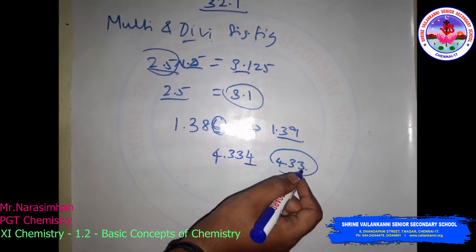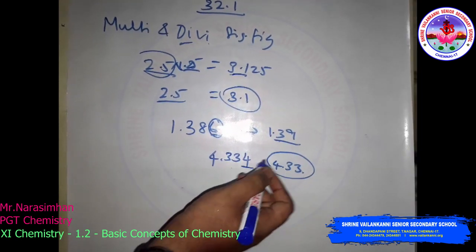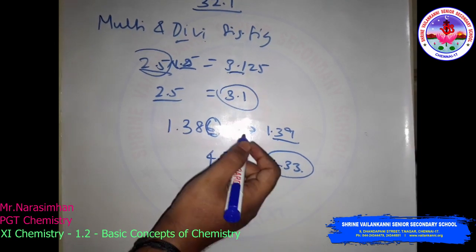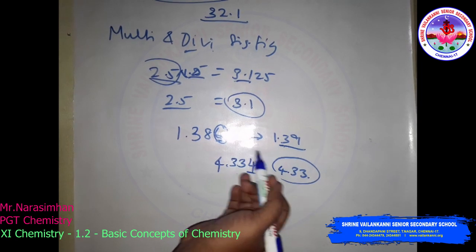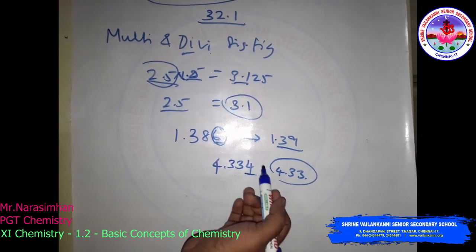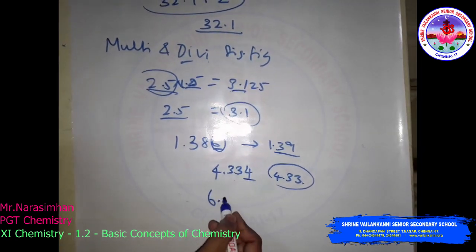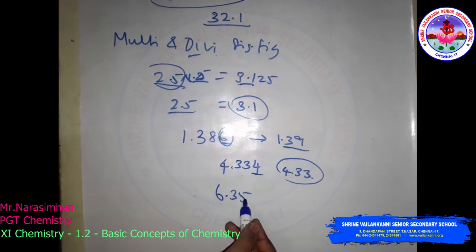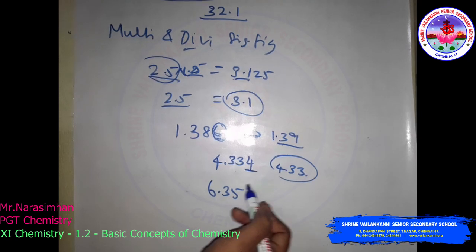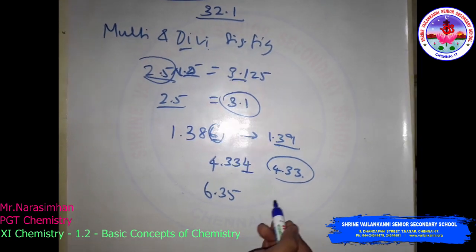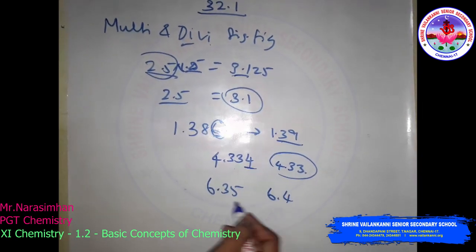If the rightmost digit to be removed is 5, then the preceding number is not changed if it is even, but it is increased by 1 if it is an odd number. For example, 6.35 is rounded by removing the 5. We have increased the 3 to 4, giving 6.4.